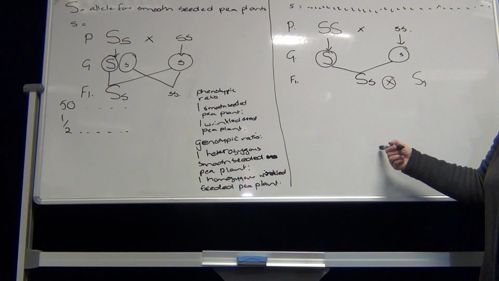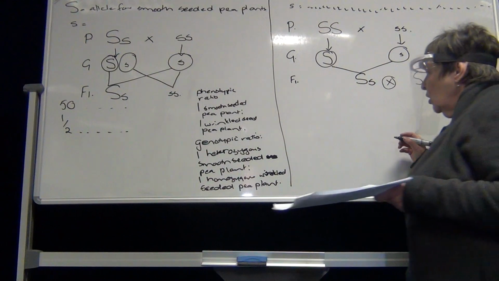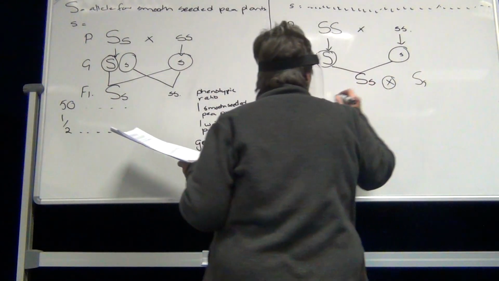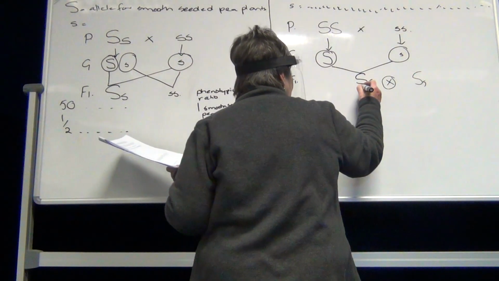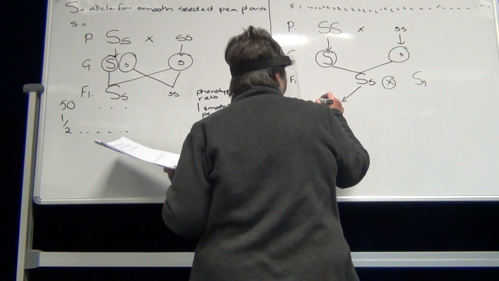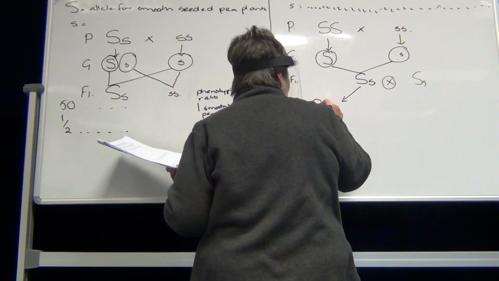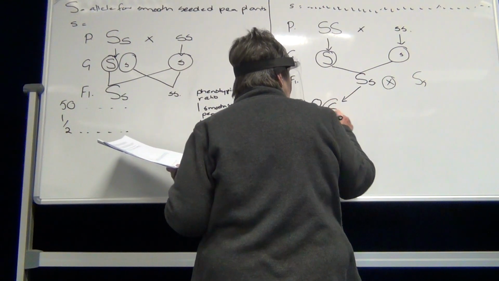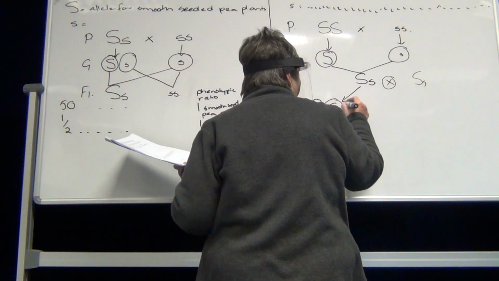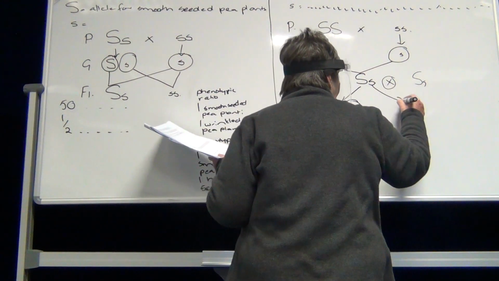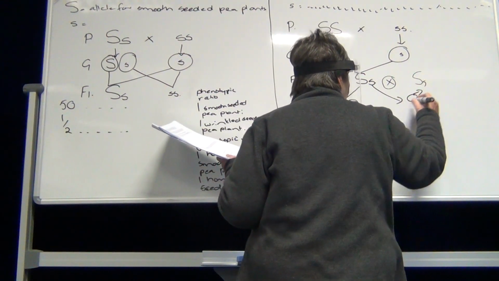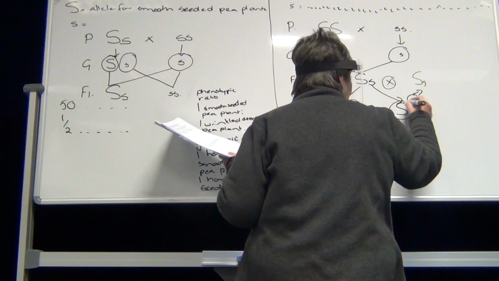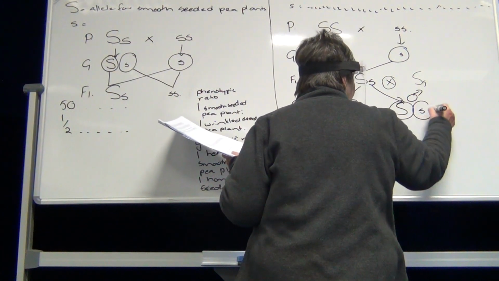So let's go down to the gametes, and say that there will be female gametes and there will be male gametes. The female gametes are half big S, half little s. And the male gametes are half big S and half little s.